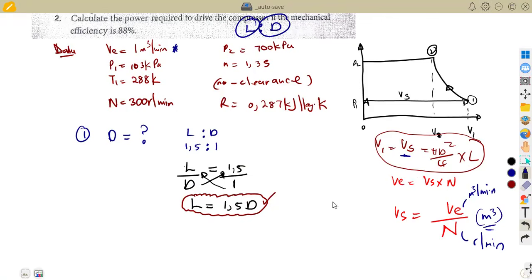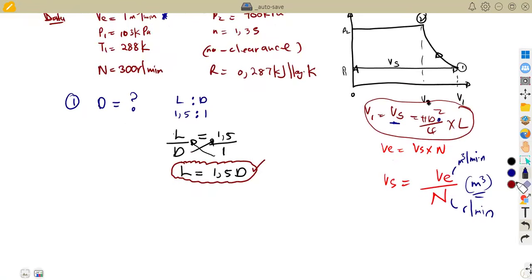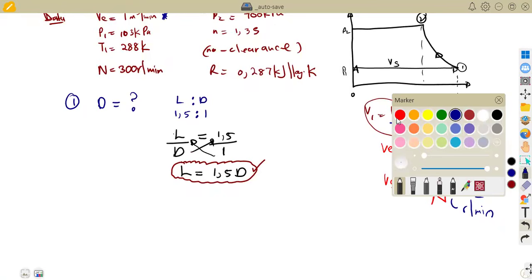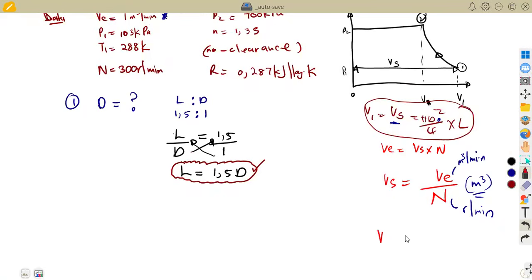So we need VS first, which is the one that we are going to need to find D, because VS, from its formula, it contains the diameter that we want here. So if we have VS, then we calculate our diameter. So let us find our VS, because we have our VA. So VS is going to be VA in cubic meters per minute.